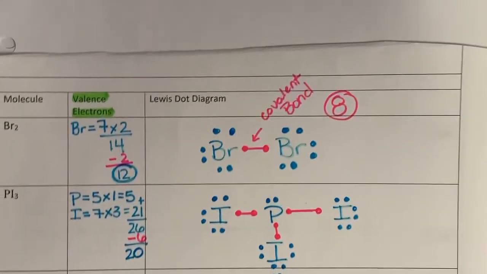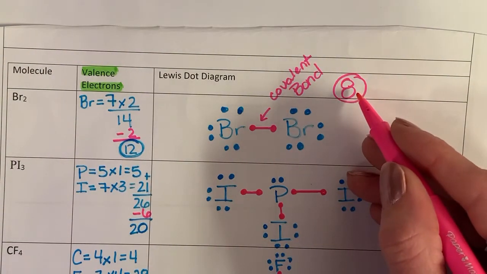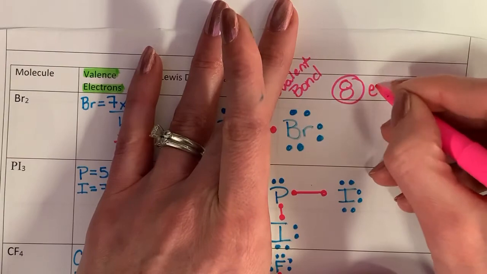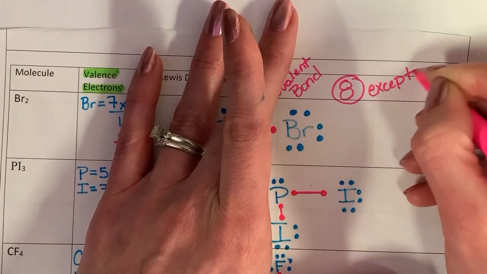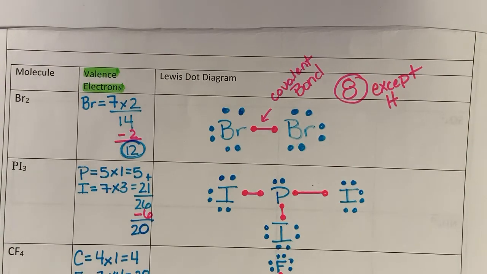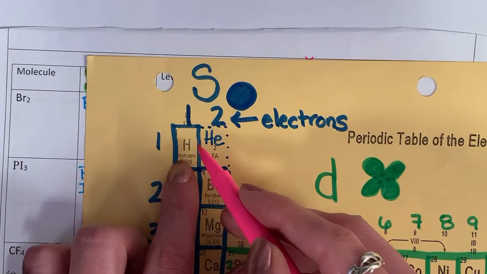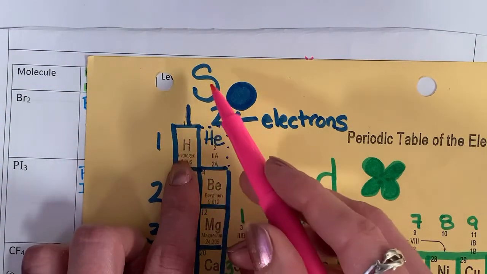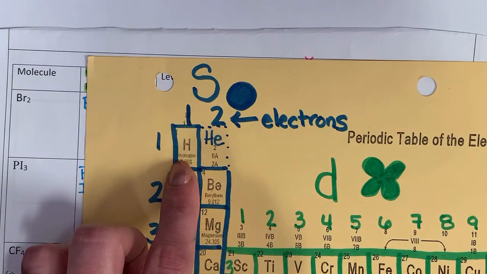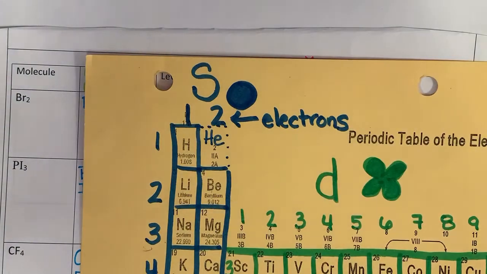Octet rule says everybody wants a full valence shell. Octet rule says that's magic number 8. Except if I'm looking at hydrogen. Okay, hydrogen lived up here. His electrons are in the 1s orbital. Hopefully we remember where electrons lived and the shapes and the sizes.